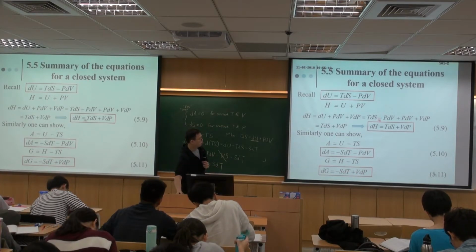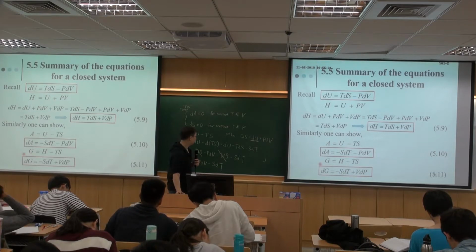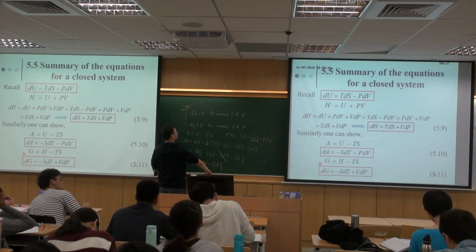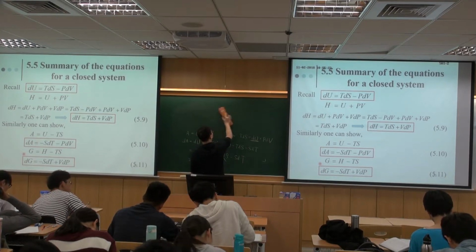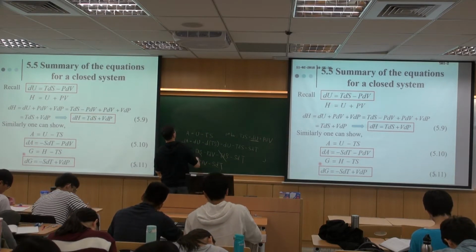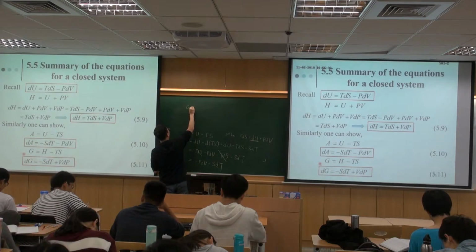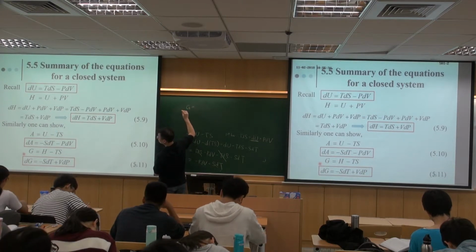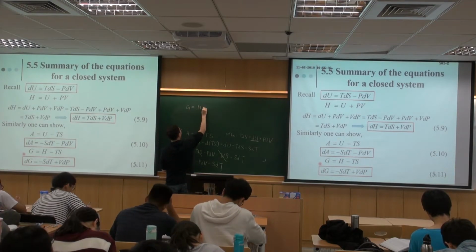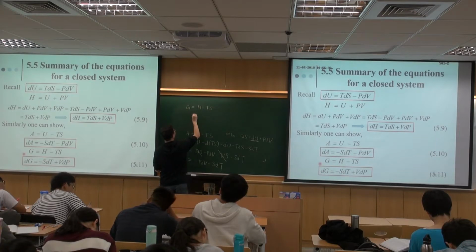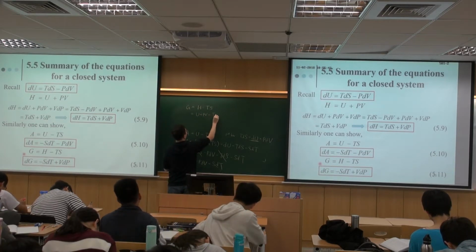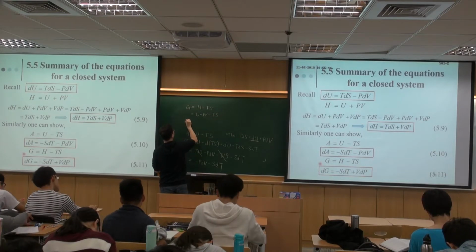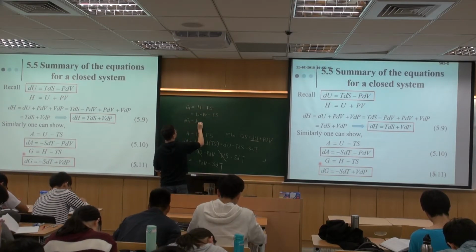Okay? And of course, to do that, I won't go into details, but again start from the expression H minus TS, and this is U plus PV minus TS, and therefore dG has many terms.